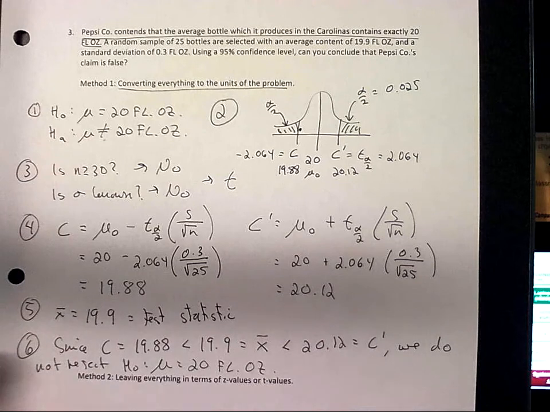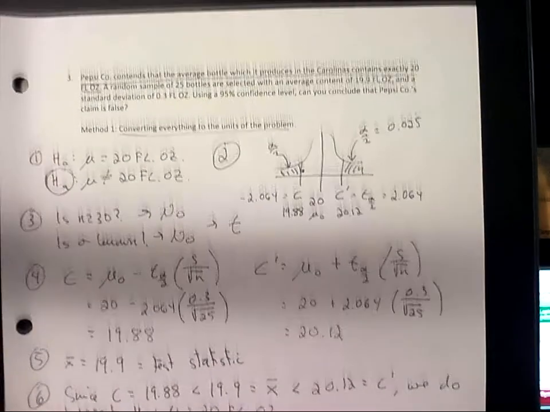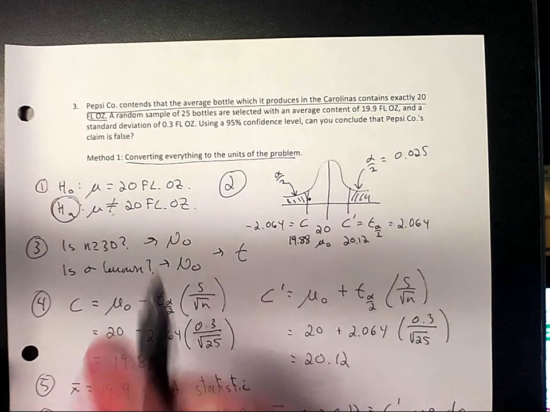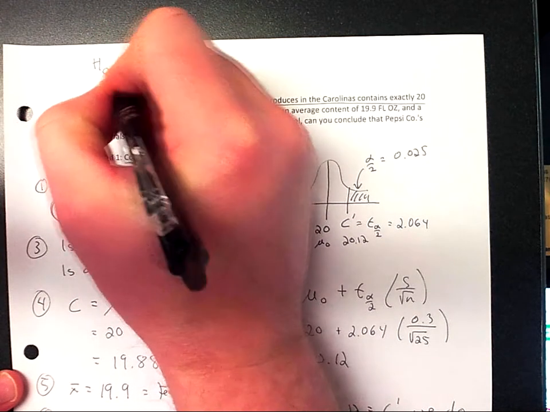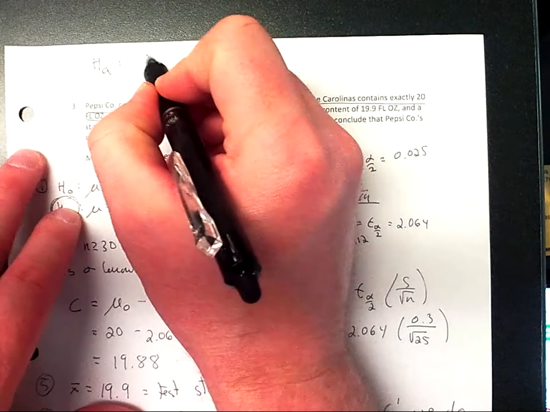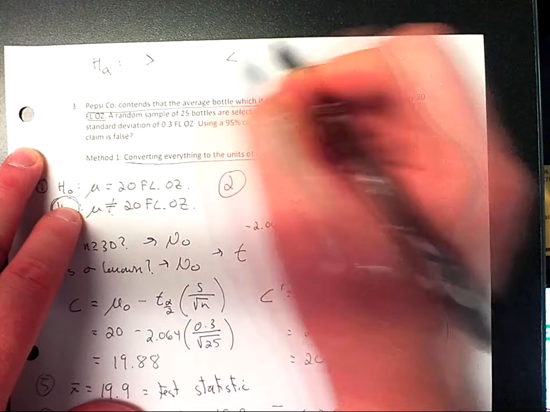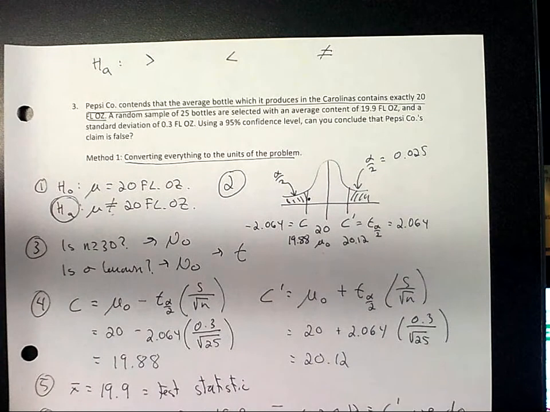Remember, the only symbols that we can ever have for our alternative hypothesis are strictly greater than, strictly less than, or not equal to. Those are the only three possible symbols.